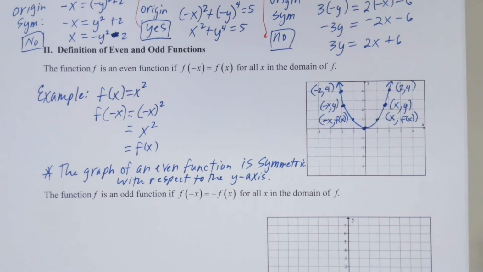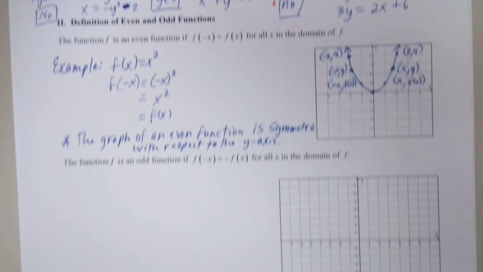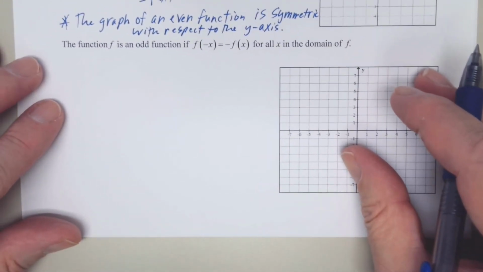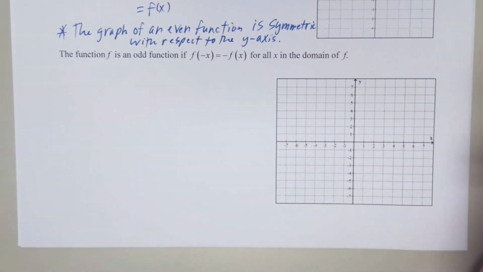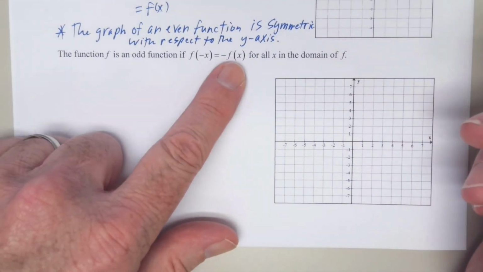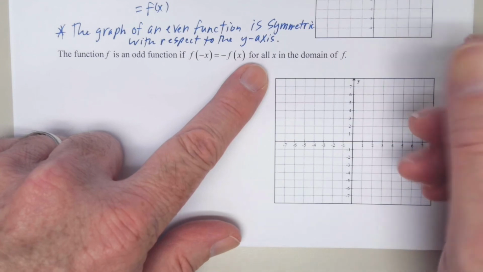All right, let's look down below. It says the function f is an odd function if f of minus x equals minus f of x for all x in the domain of f.